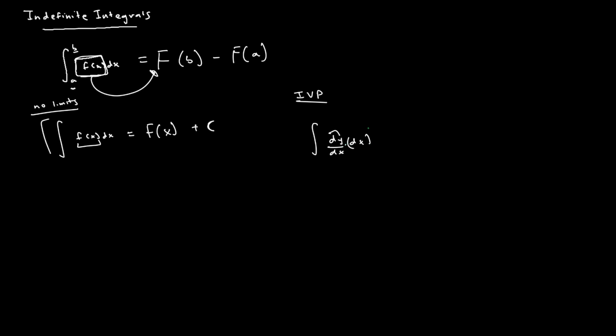That would give you some function big F of x plus c, and then you can solve for what that c is, because the initial value problem would also give you y of some constant, let's call it d, is equal to w. Based on these two things, you can solve for the value of c, and that will allow you to hone in on one specific value.